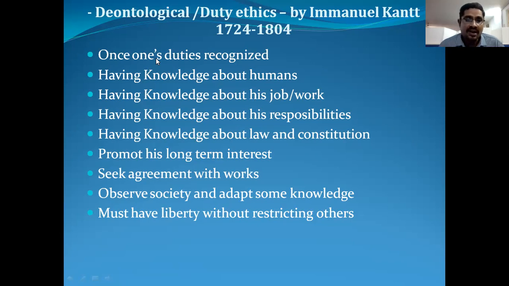Every individual, every person has to identify or recognize his duties. That is the first point, developed by Immanuel Kant.